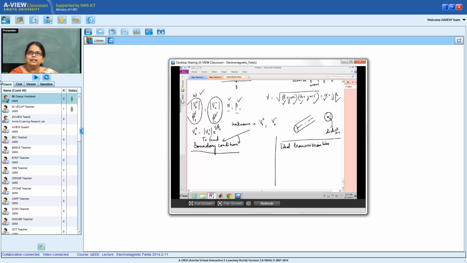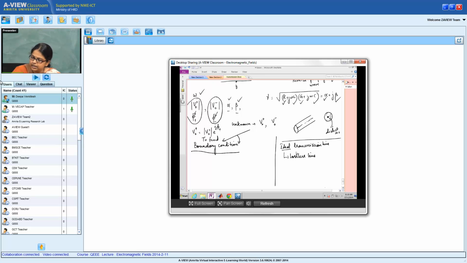Now, what is an ideal transmission line? At this moment, we would say that an ideal transmission line is one that would just delay the signal, that would not attenuate the signal. Okay? So when I say ideal, what I mean is a lossless line.